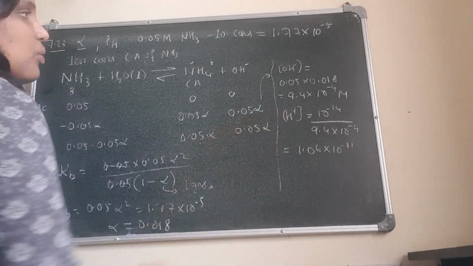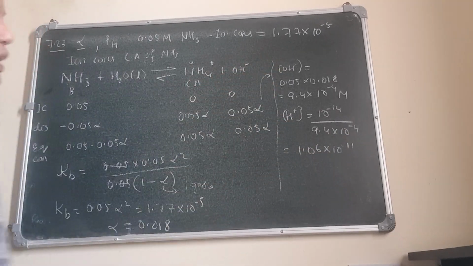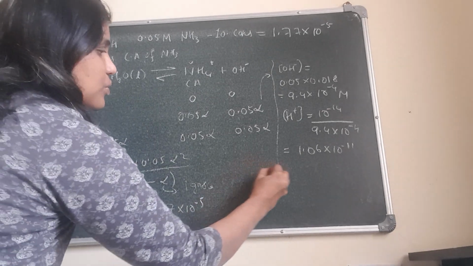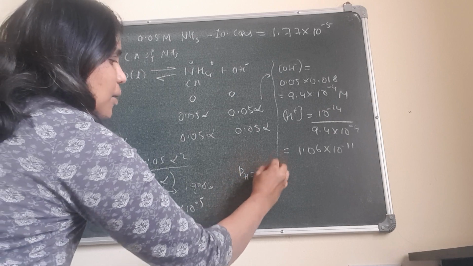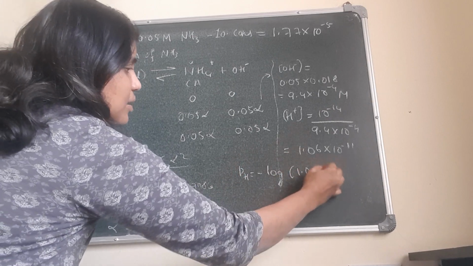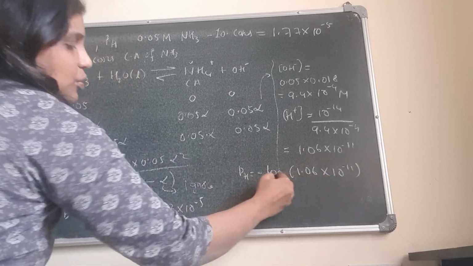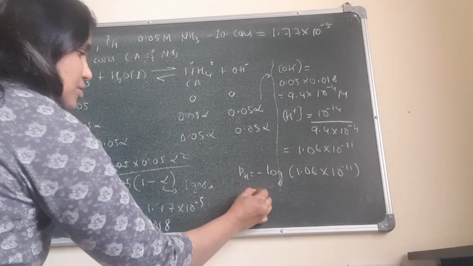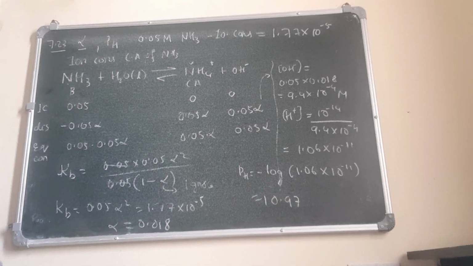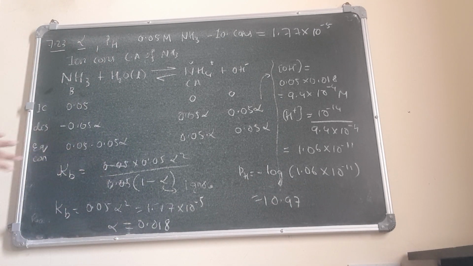You can also find pOH directly and subtract from 14, that is also fine. So what will be pH now? Minus log of H plus ions. I told you how to calculate this. So this is going to be 10.97.